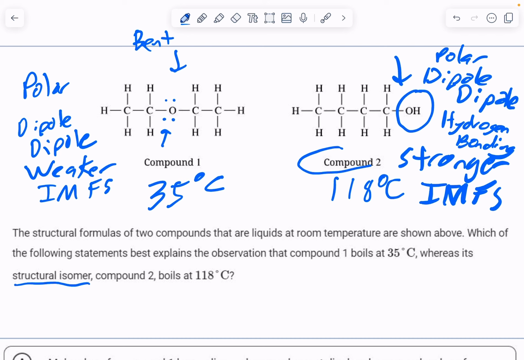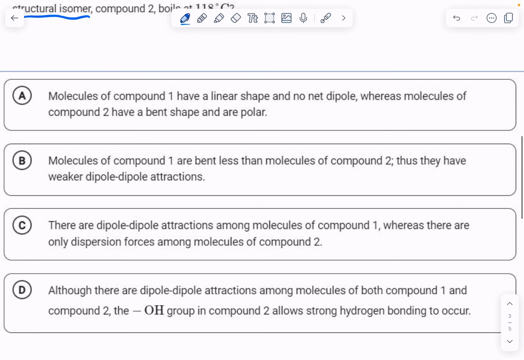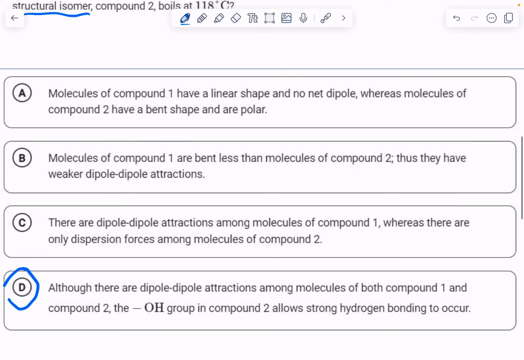Therefore, compound 2 has stronger IMFs because it can do hydrogen bonding, and that's why it has a higher boiling point. Looking at these answer choices, and you can read through them all, the answer will be D. Although there are dipole-dipole attractions among molecules of both compound 1 and 2, the OH group in compound 2 allows stronger hydrogen bonding to occur.